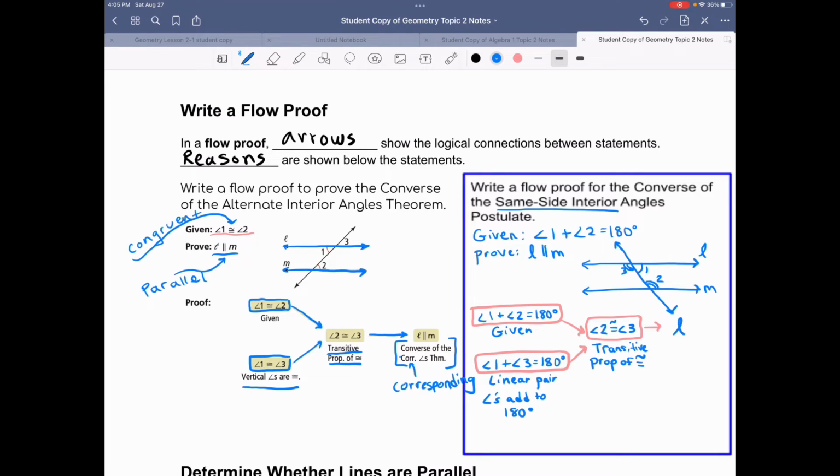So for our last statement, line L is parallel to line M, and our reason for that is, I'm going to say, the converse of the alternate interior angles theorem.